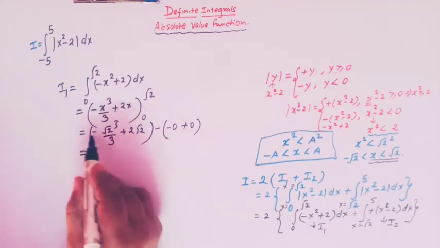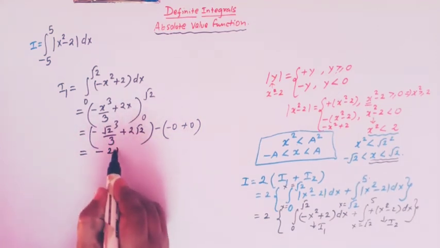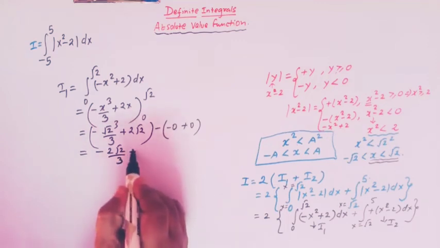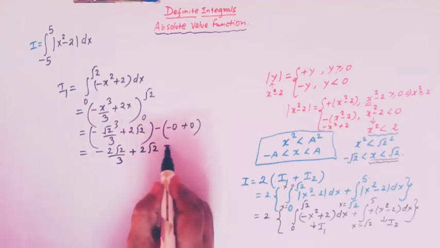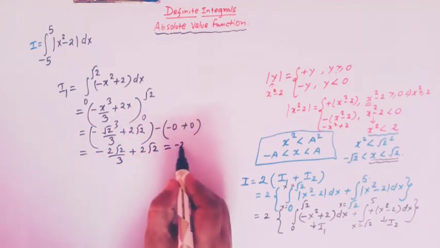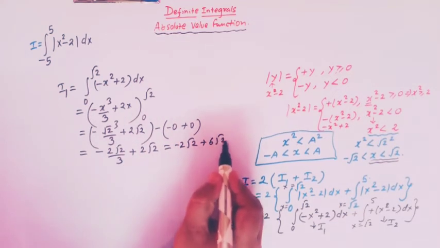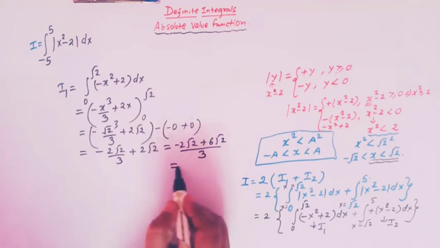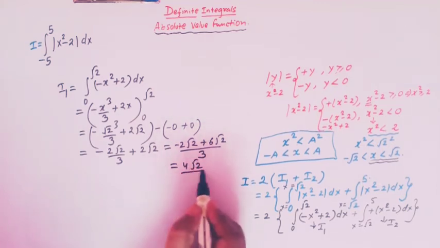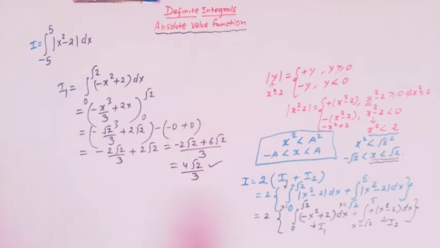So now we have minus 2 root 2 over 3 plus 2 root 2, that is 4 root 2 over 3, right? So the value of this integral is 4 root 2 over 3, right?